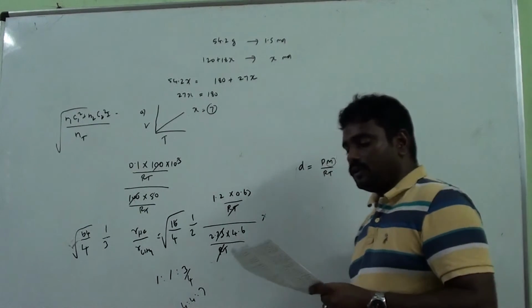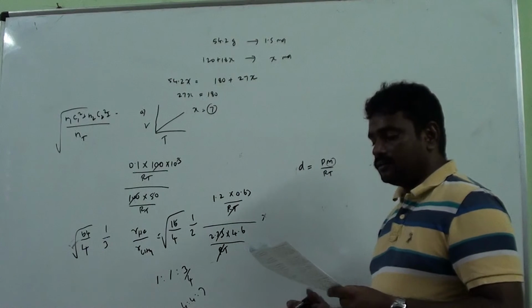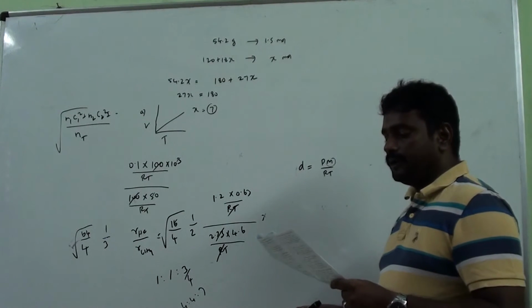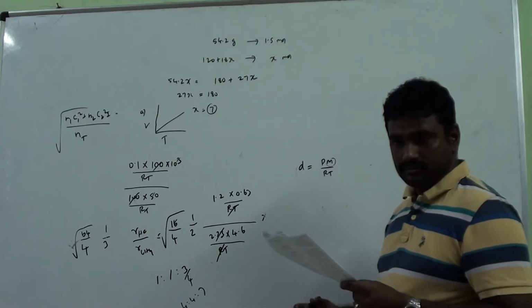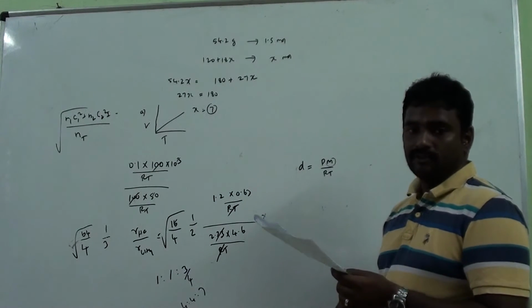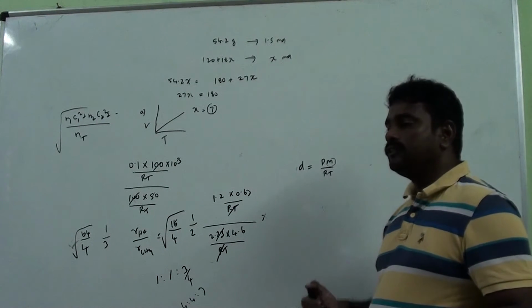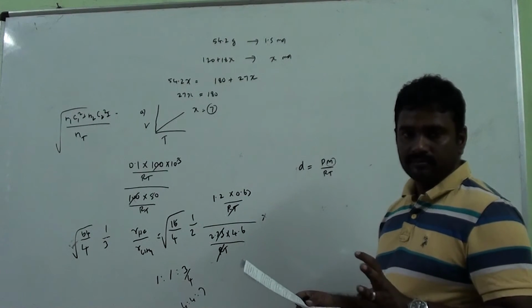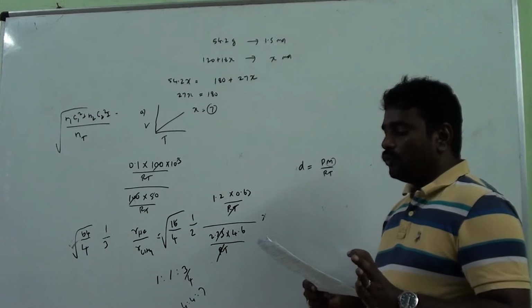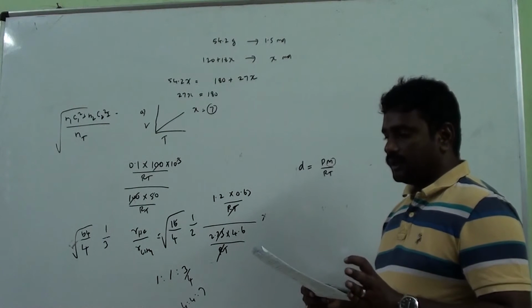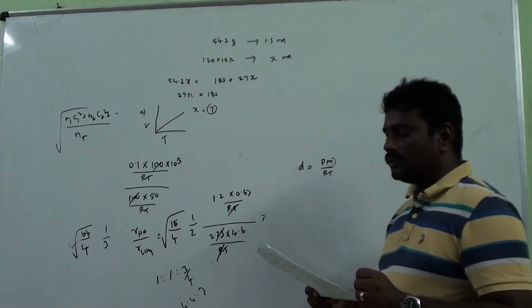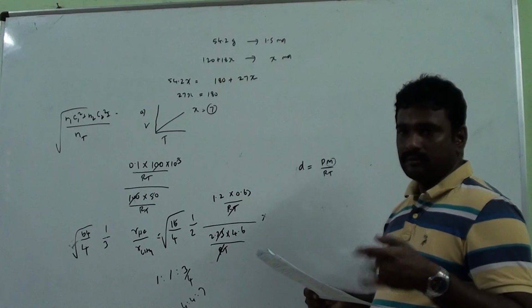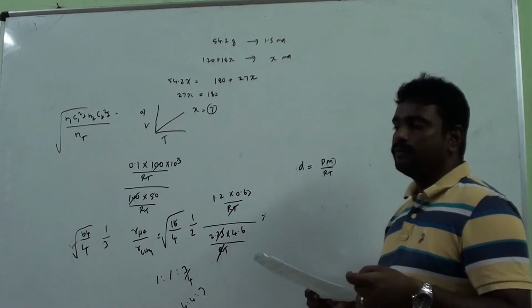So 30 bar, if you take it, in that 22.5 bar is the actual humidity. At saturation it is 30, and here it is 22.5. 22.5 is the partial pressure.